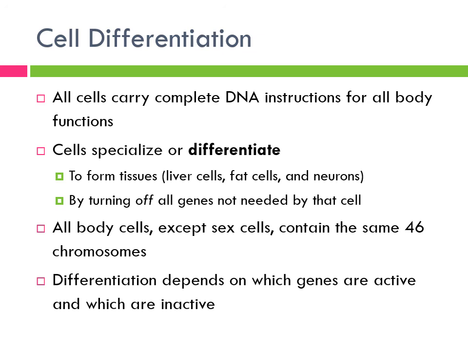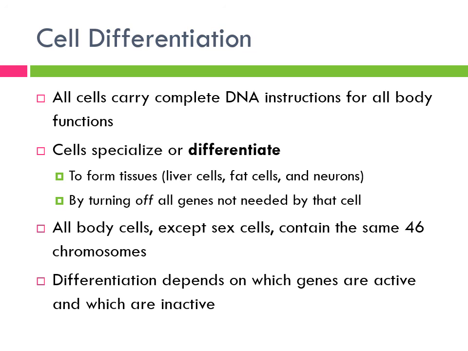So things to remember: every cell in the body carries your complete DNA instructions for all of your body functions. So every cell in the body has the instructions to create every protein in your body. Cells, however, differentiate. After they're formed, they can become any kind of cell: a liver cell, a fat cell, a nerve cell, by turning off genes that are not needed by that specific cell.